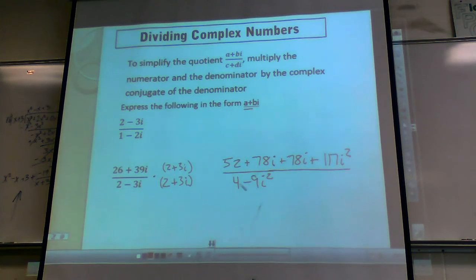Replace the i squared with your negative 1. I'm not going to show the entire step, but understand that this would become 4 plus 9, 13 on the bottom.